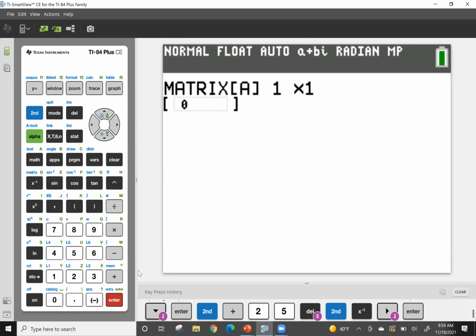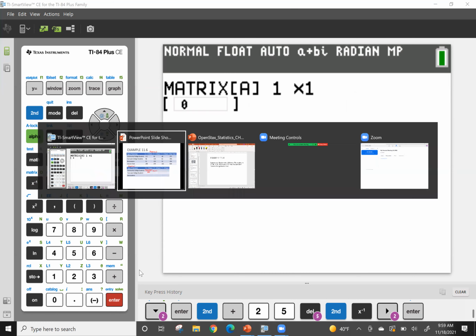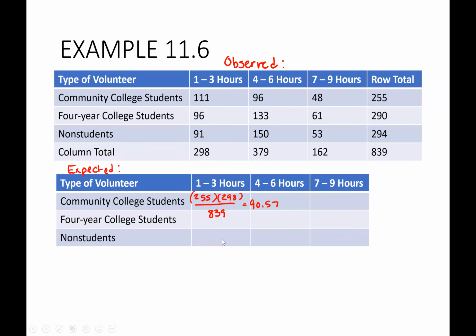Now let me go back over to PowerPoint. This matrix has 3 categories for the type of volunteer. So there are 3 rows. Community college students is row 1. 4-year college students is row 2.